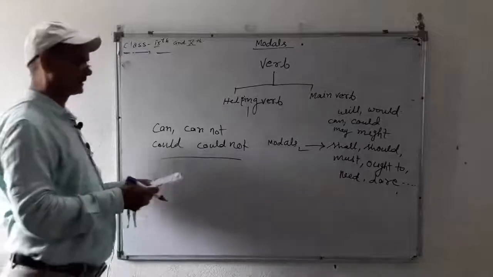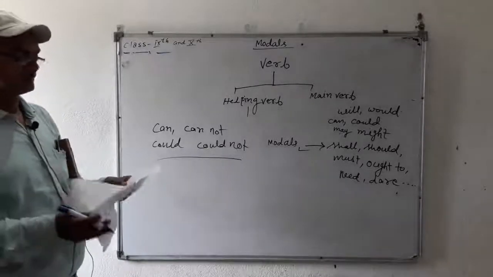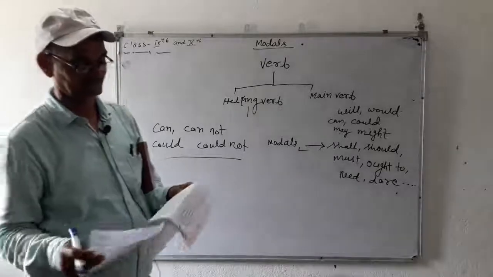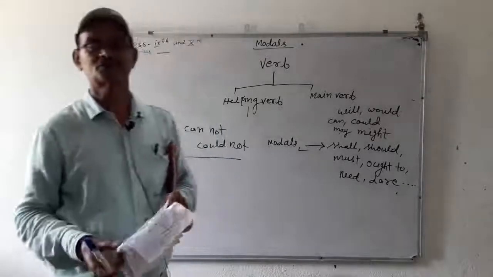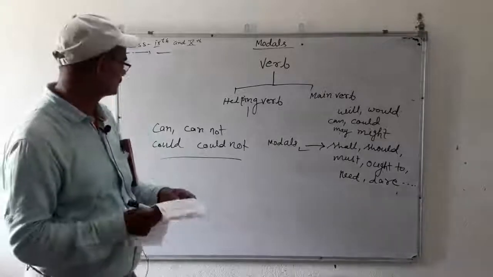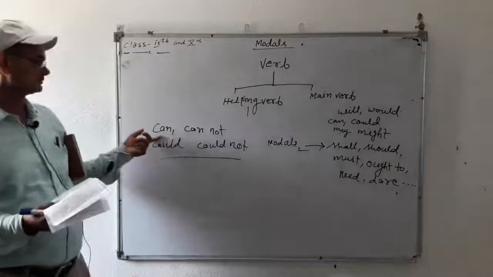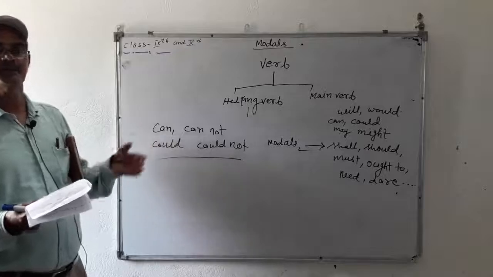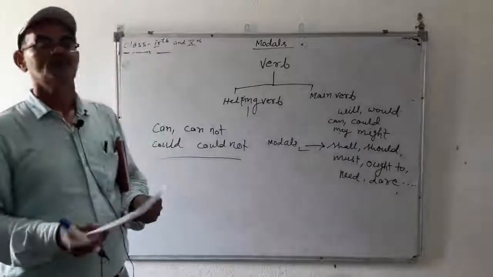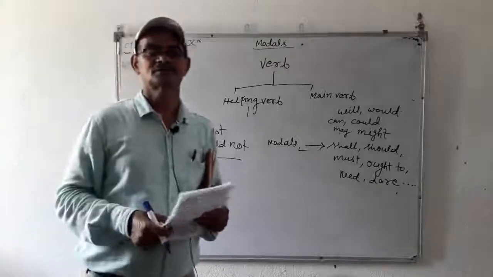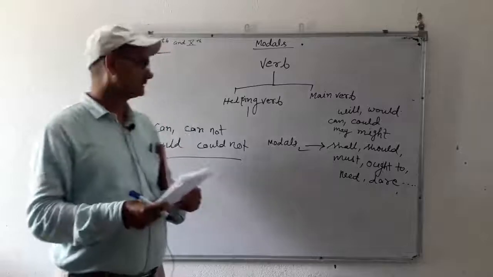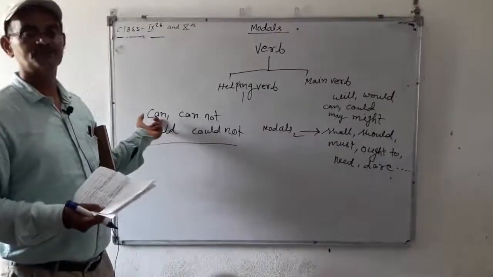Can is the expression of power, ability, capacity, efficiency. Apni shakti, bal, pradarshan, kshamta ityadi dikhane ke liye can ka prayog hota hai. I can play very well, I can speak English, I can run very fast, this pot can hold 5 liters. All these examples are the expression of can.